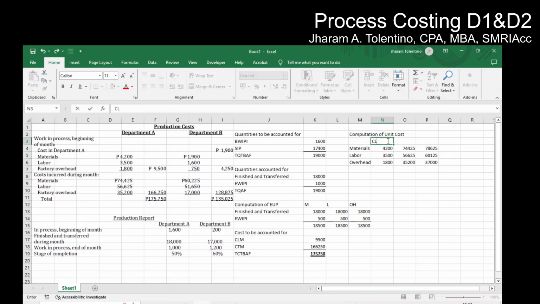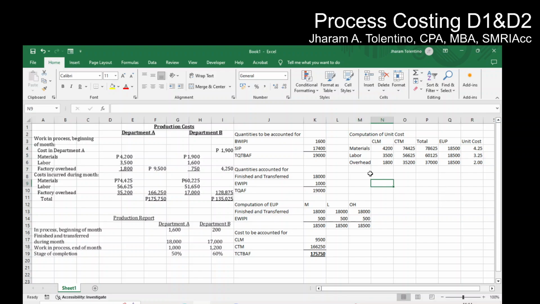This is your cost last month, cost this month, and then total, divided by the EUP. Our EUP is the same for all, 18,500, because of even distribution. So we divide by this. We have 4.25 and something. Let's check. Two decimals are enough because the unit cost is exact.